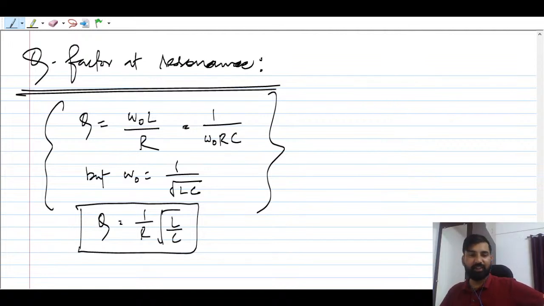Now the complete phasor diagram, if I try to draw it for series RLC. Let me draw the complete phasor diagram for this. These are the things that you have to always discuss.